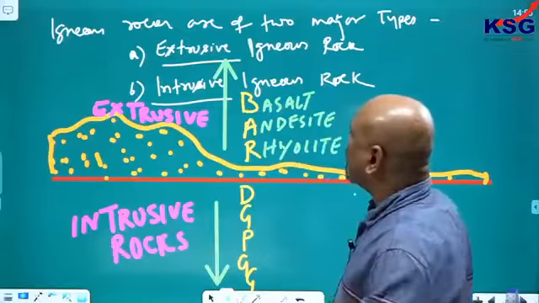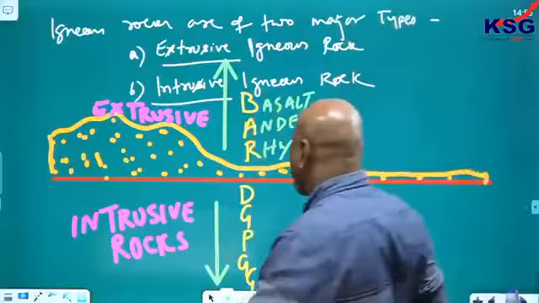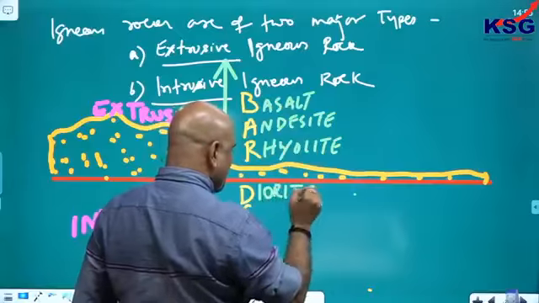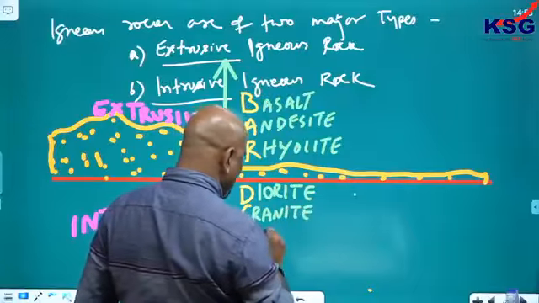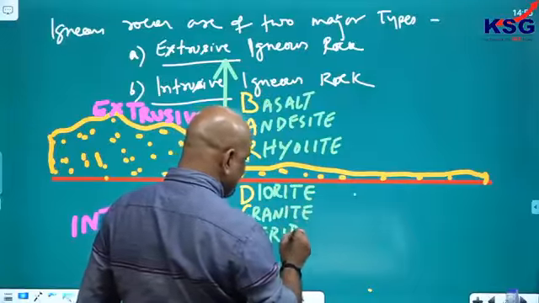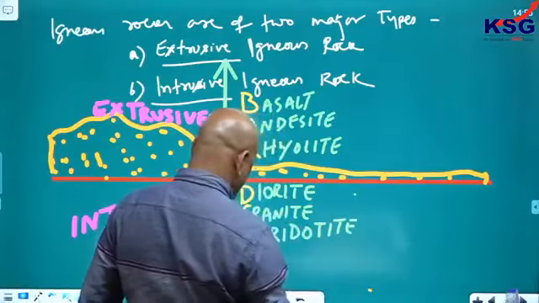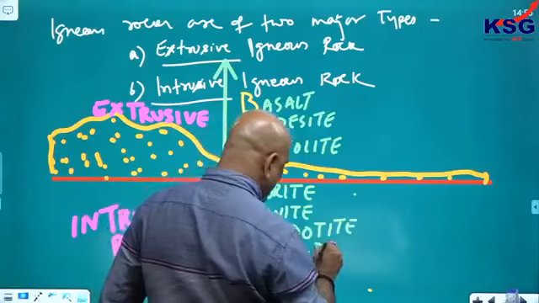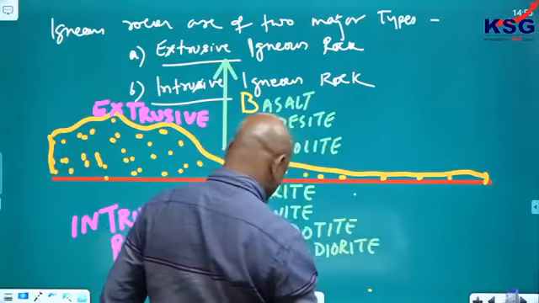These are the rocks generally you will find over the earth's surface, but inside: diorite, granite, peridotite, granodiorite, gabbro.